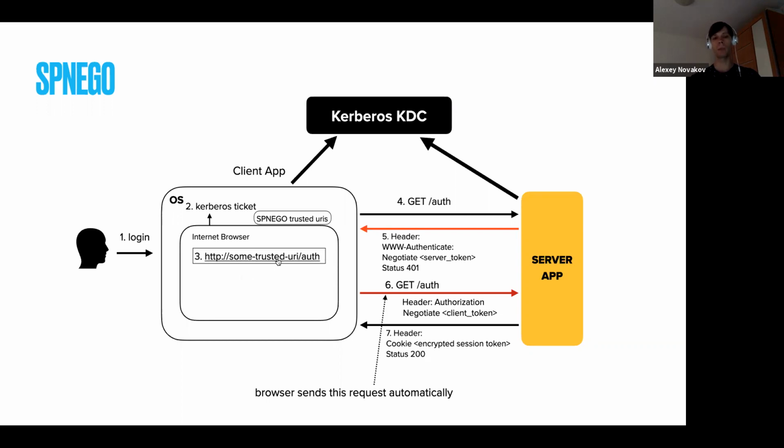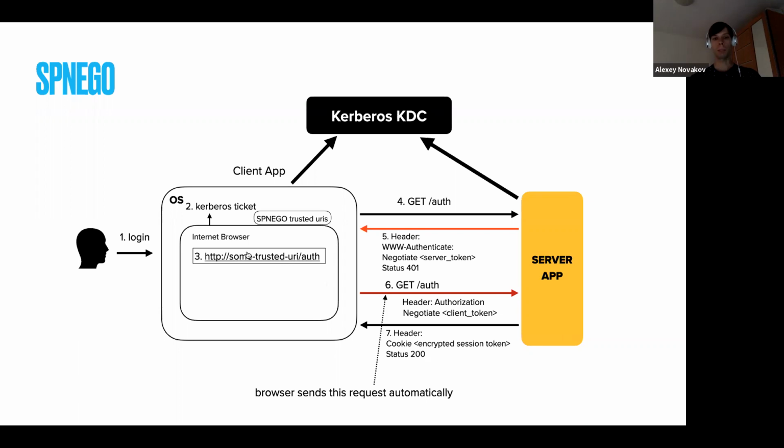A trusted URI can be configured with just a host name, so you don't necessarily need to put the path to a specific endpoint or page. It can also be configured with just a realm. But let's say we configure the trusted URIs by putting the website in its host name.